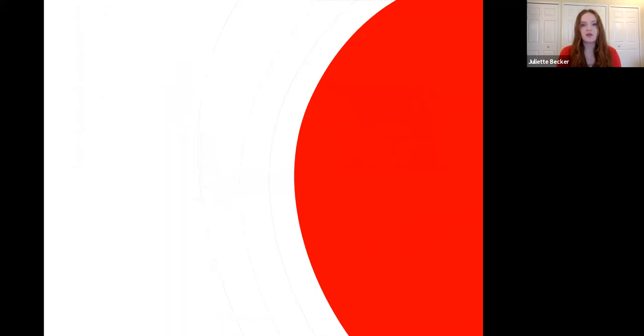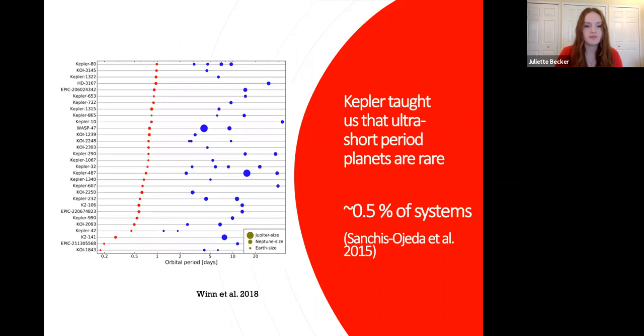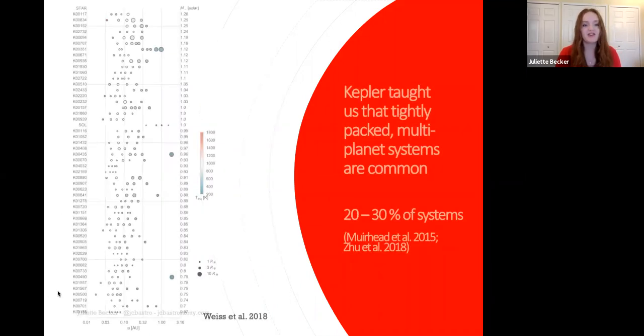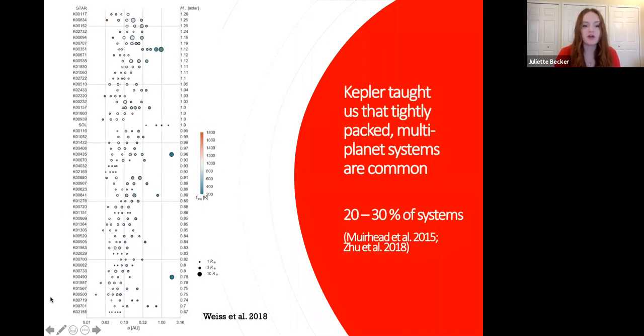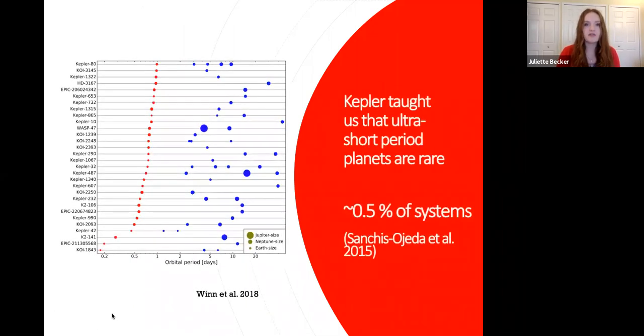So a 2014 empirical study by Dan Fabrycky showed that in general, these planets are drawn from a Rayleigh distribution with a width of about 1.4 degrees. And this is partially an observational bias, but it's partially an architecture that all of these systems tend to be fairly tightly packed.